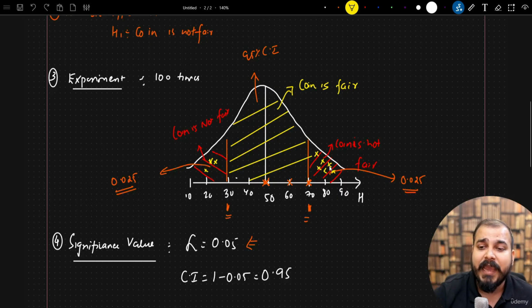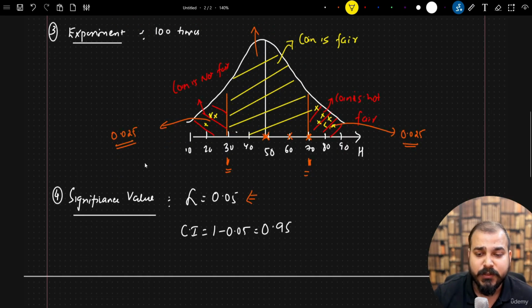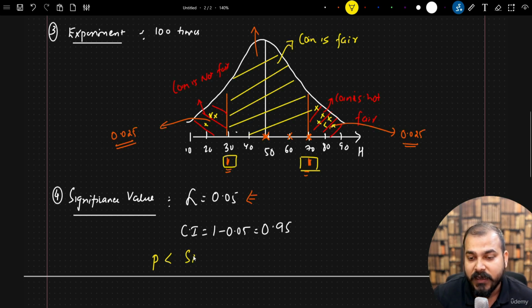Now let's say I get a p value, and it falls outside this confidence interval, either less than this value or greater than this value, so it specifically comes in this region or this region.